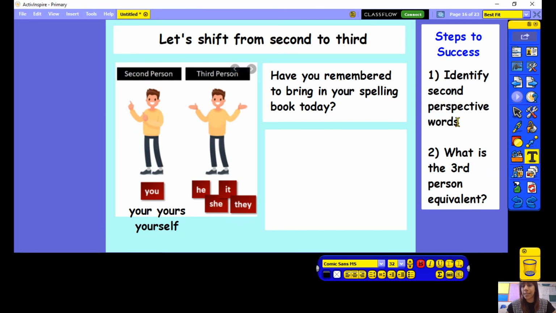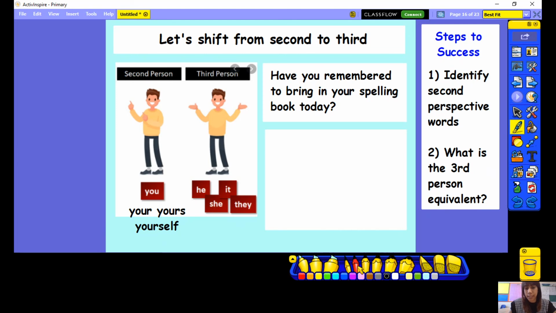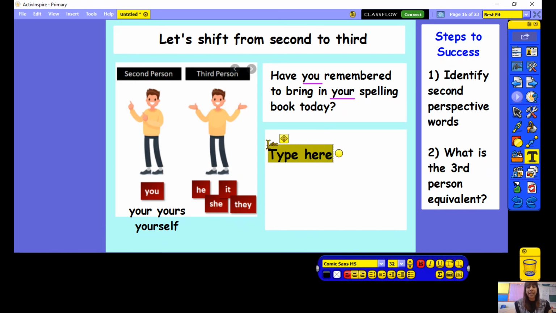Okay, so my first step is second perspective words, second person's perspective. So I can see there I've got you. Have you remembered to bring in your spelling book today? Okay, and now I'm going to change this to the third person. So I'm going to change you and your to words such as his or her.